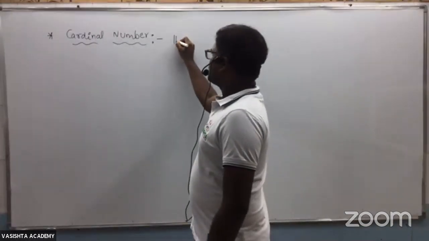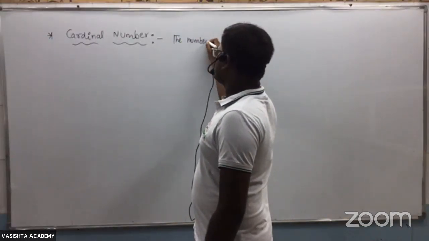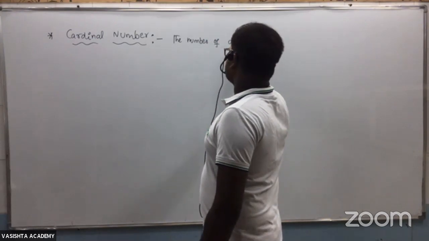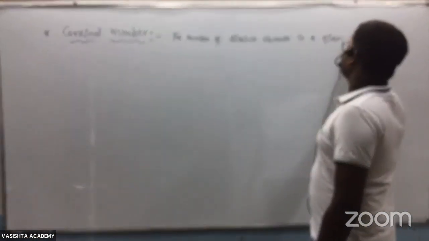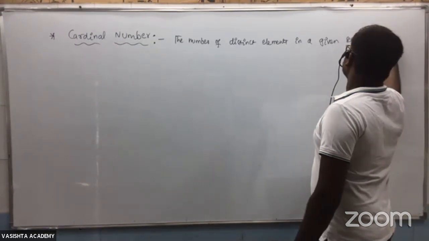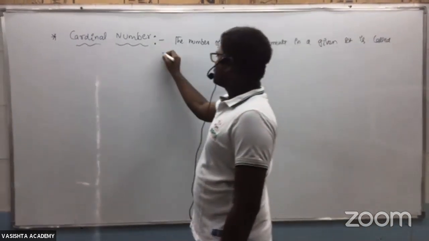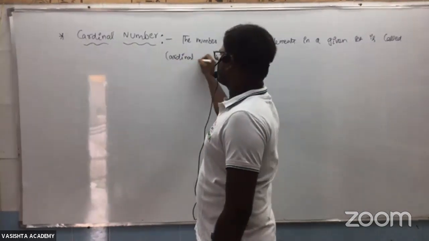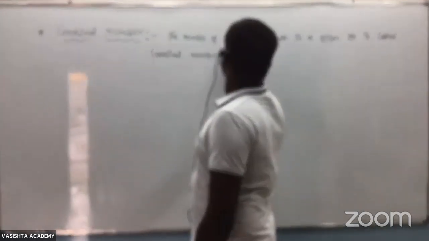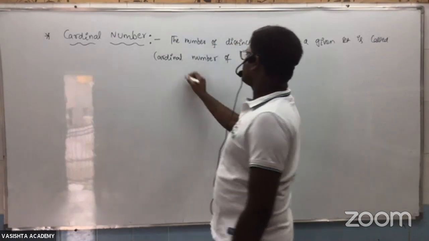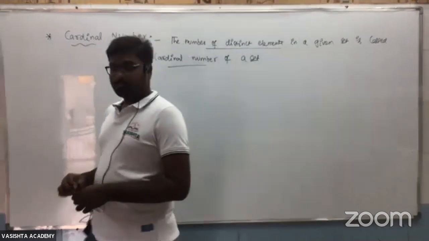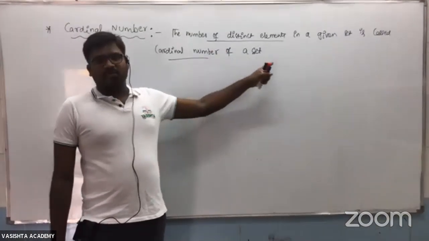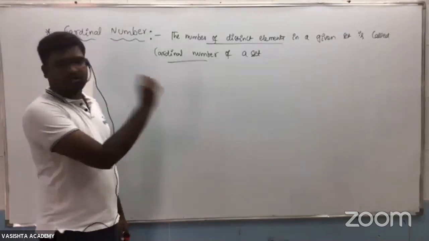It is nothing but the number of distinct elements in a given set is called cardinal number of a set. I repeat, cardinal number is nothing but the number of distinct elements in a given set is called cardinal number.